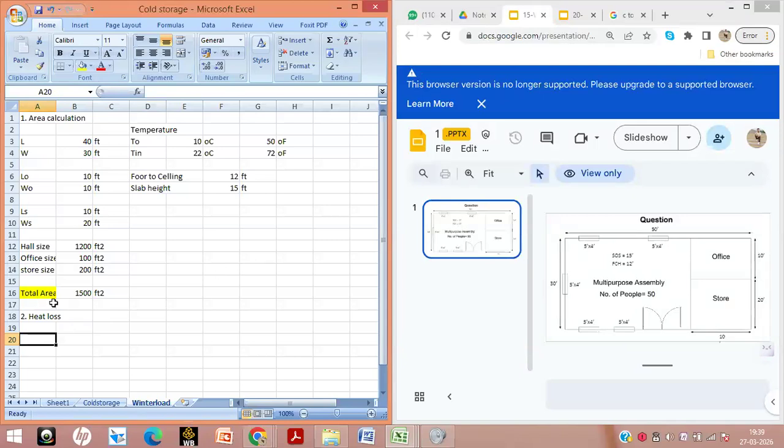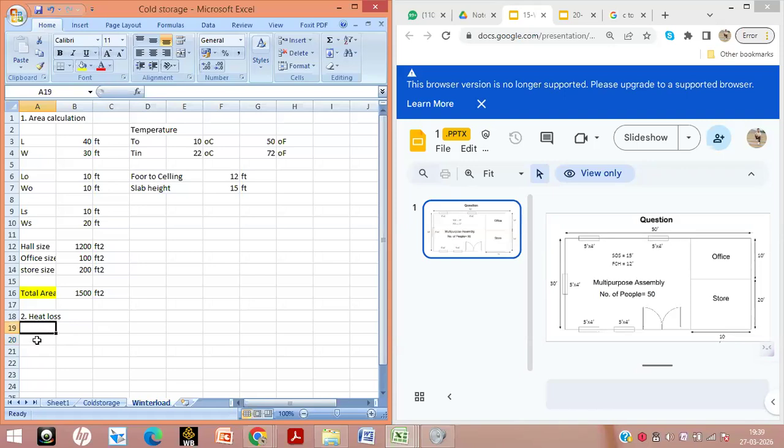We already calculated the total area. If you subtract the window area, we'll get the exact total area of wall which is contributing to the heat transfer between indoor and outdoor.